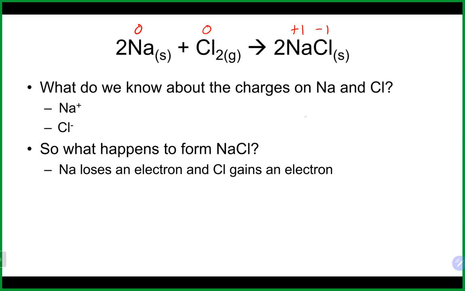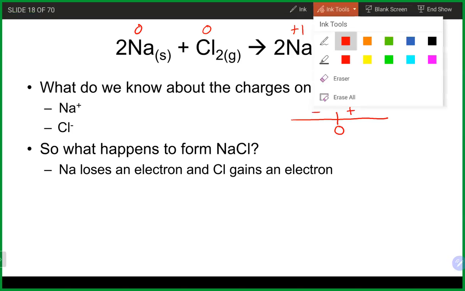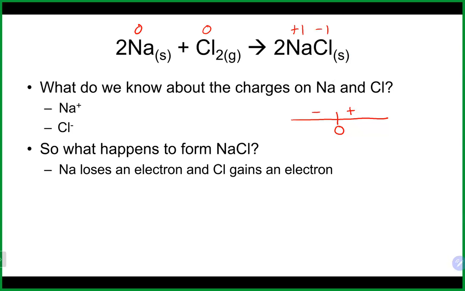So once again here, if you're not sure, we have our 0, our positive, and our negative numbers. We'll take a look at the sodium, which starts at 0 on the left-hand side, and on the right-hand side ends at +1, which means it is moving in the positive direction.